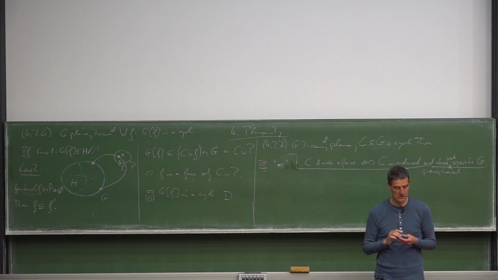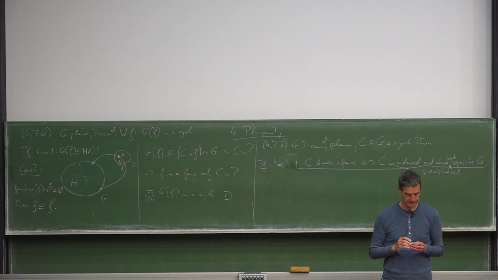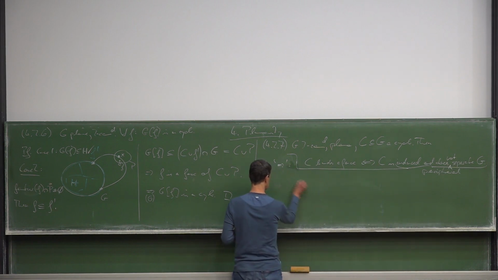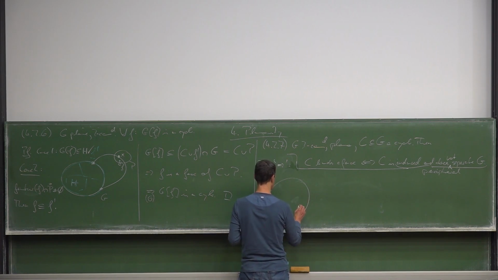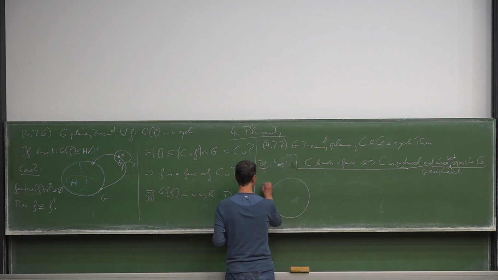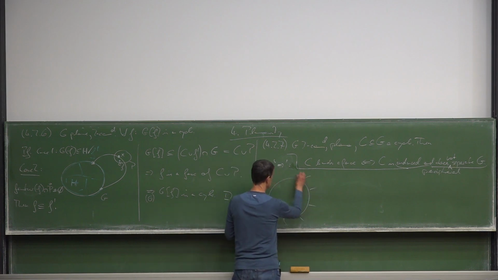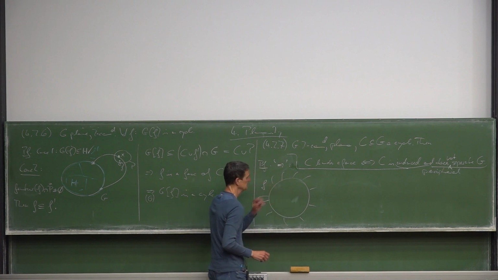Okay, so let's show that C doesn't separate two vertices. Let me draw the face outside. So C bounds a face, here it is, drawn here.